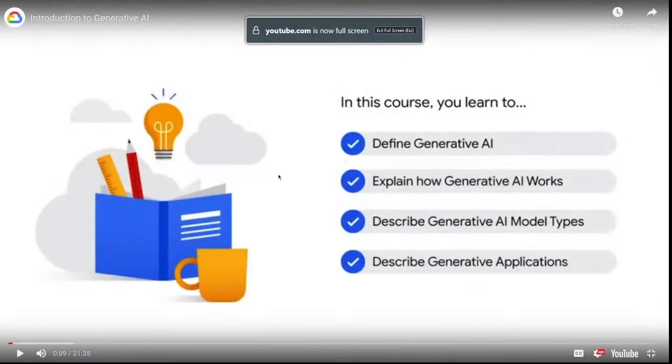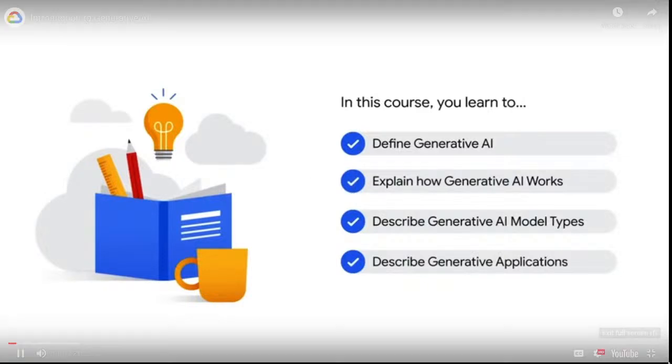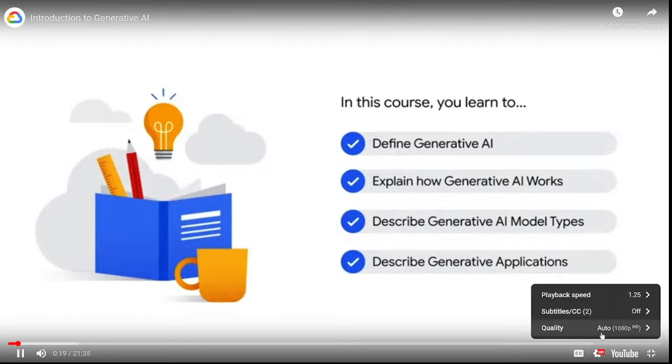In this course, I'll teach you 4 things: how to define generative AI, explain how generative AI works, describe generative AI model types, and describe generative AI applications.